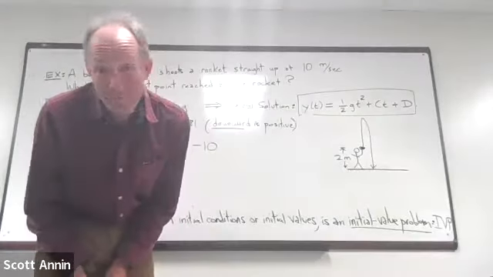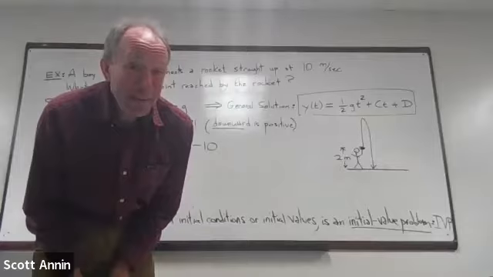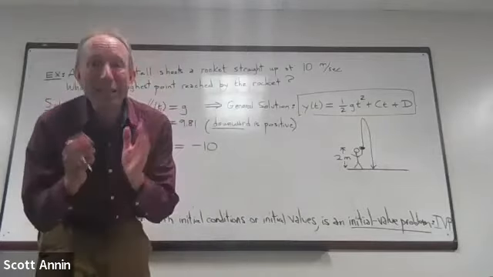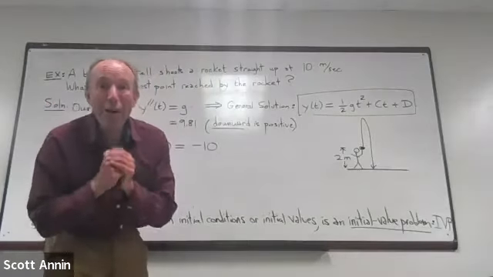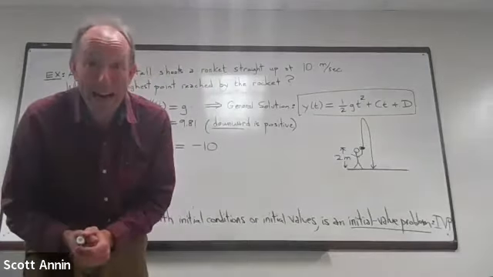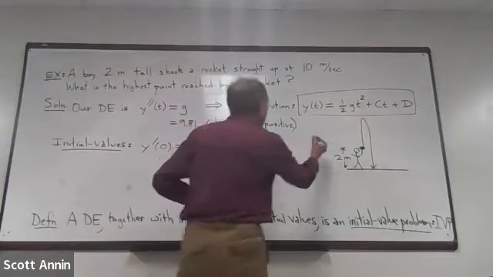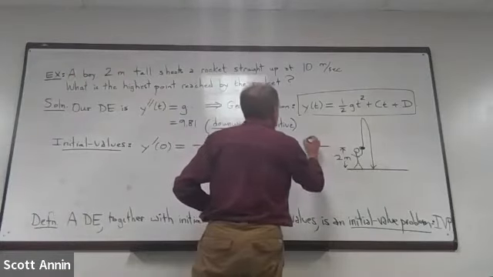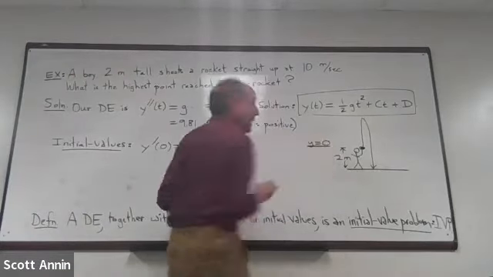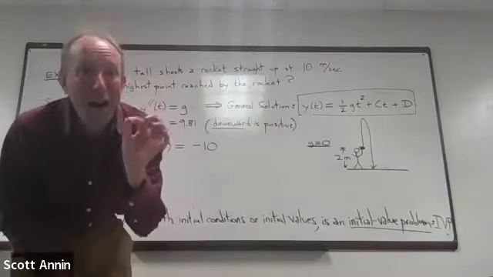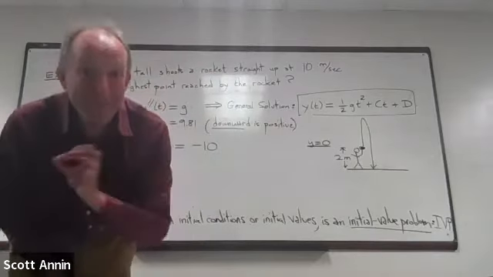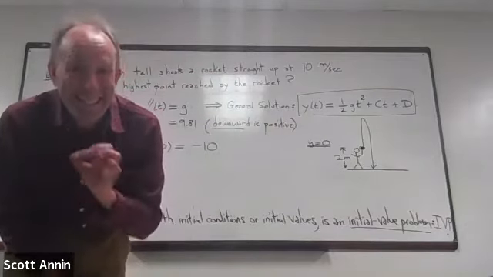Turns out that just to make the calculations come out easier, a really good choice for how to set up your y-axis is to set y equal to 0 to be exactly at the position where the object is going to start. I'll say that again.